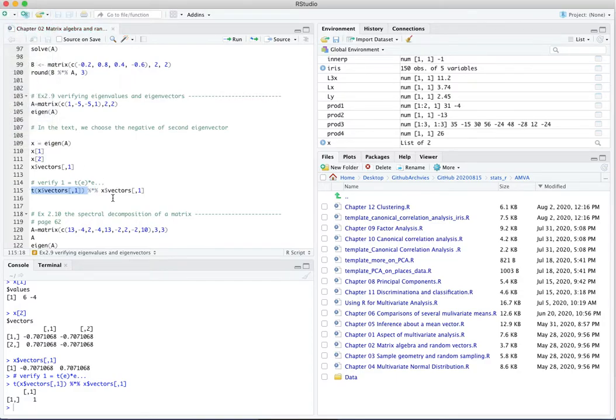Okay. Then it gives you this unit. The one is clearly this is just to verify the definition of the eigenvalue and eigenvector.